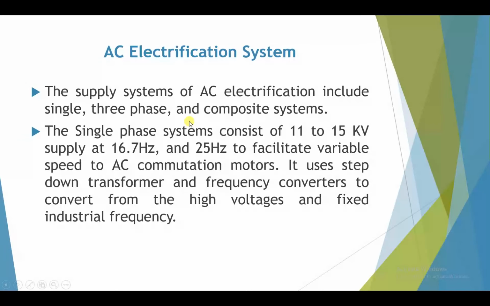The single phase system consists of an 11 to 15 kV supply at frequency 16.7 Hz and 25 Hz to facilitate variable speed to AC commutator motors. It uses step-down transformers and frequency converters to convert from the high voltage and fixed industrial frequency.